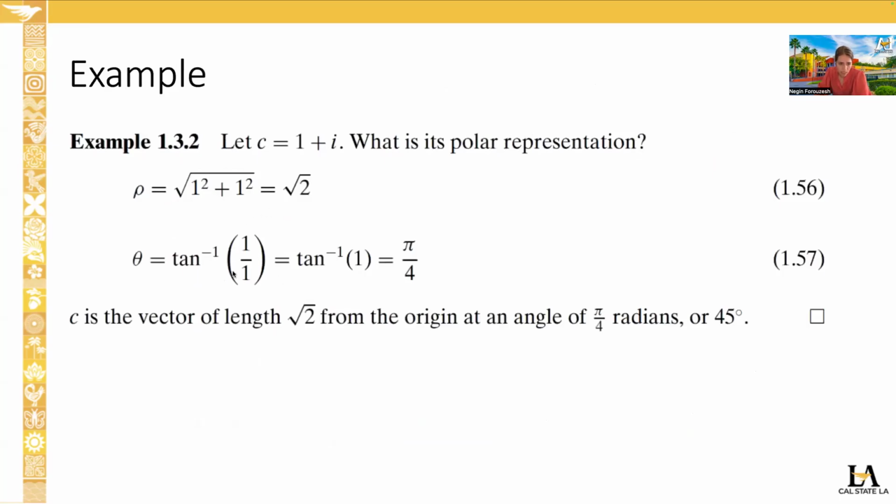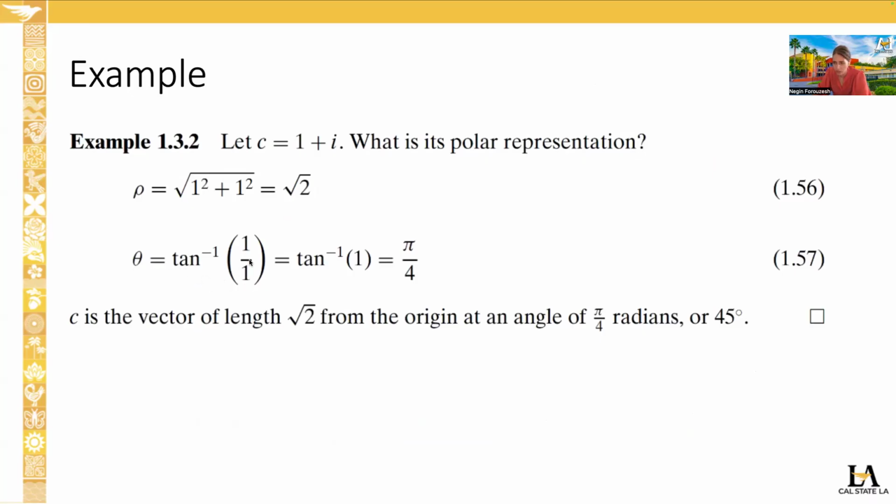And this is one example. For example, if you have a complex number like this, and you are asked to find its polar representation, so you're going from Cartesian to polar, right? Then you need to find rho first, which is the modulus of this number, and then theta, you find this tangent value.